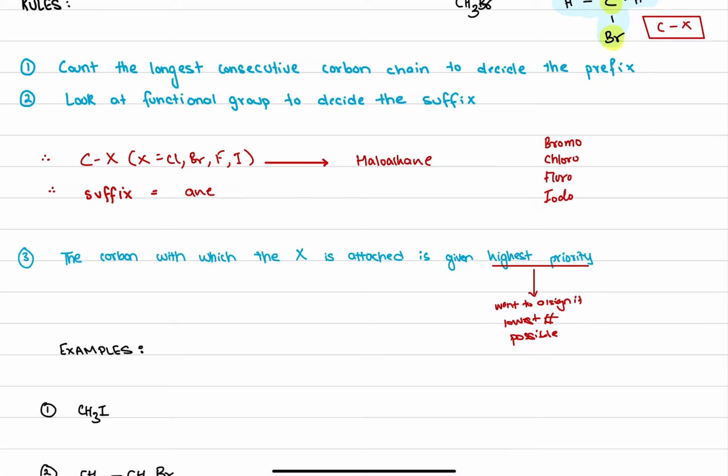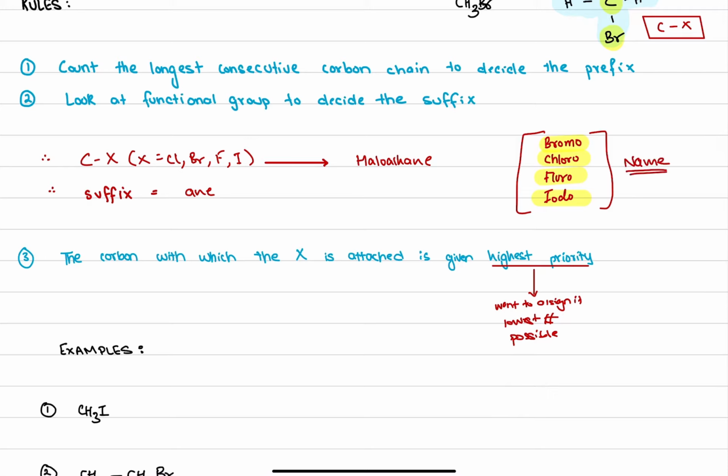I know these sound ridiculous for now, but I will come to their significance. Bromo refers to bromine, chloro refers to chlorine, fluoro represents fluorine, and iodo represents iodine. In a minute, I'll show you what I mean. These will come before our names, and then we will give the name to our molecule.